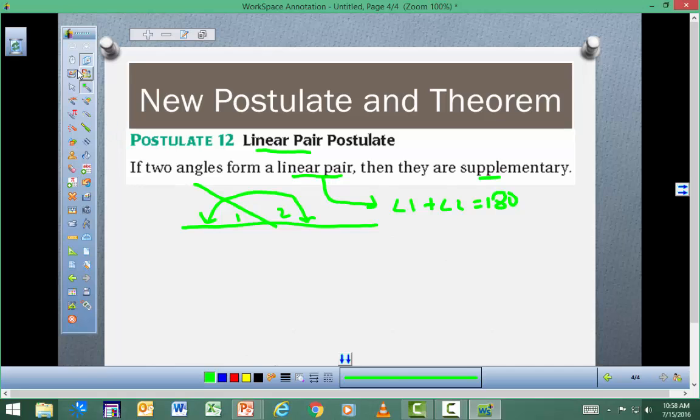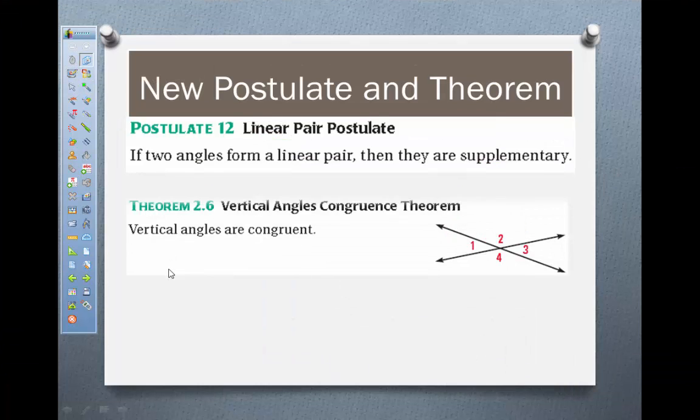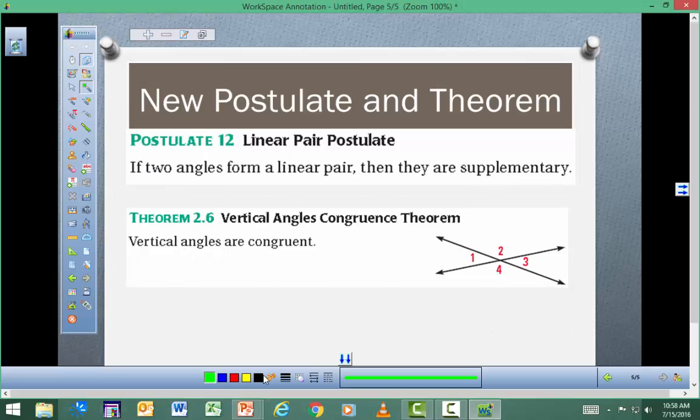We also have a new theorem, and like I said earlier, it's one of the most important theorems in this whole first semester. What does it say? It says vertical angles are congruent. Let me draw that on the diagram here.